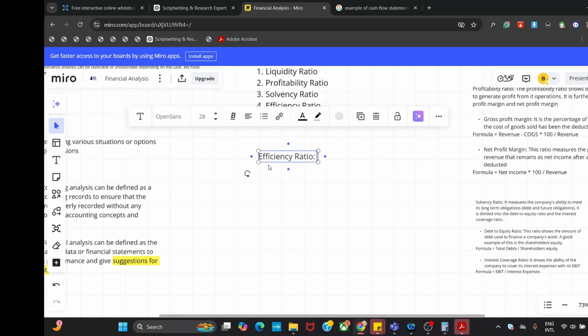As the name implies, this efficiency ratio is used to measure how effectively a company is utilizing its resources. It shows how effectively a company is managing and utilizing its resources for its day-to-day operations. So let's go ahead and take a note.